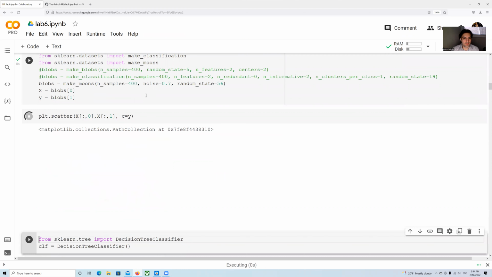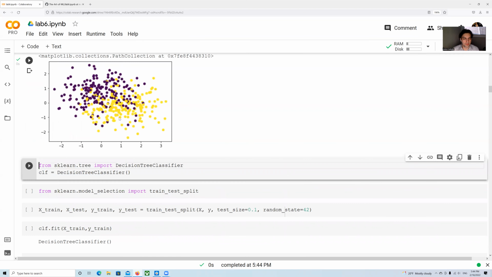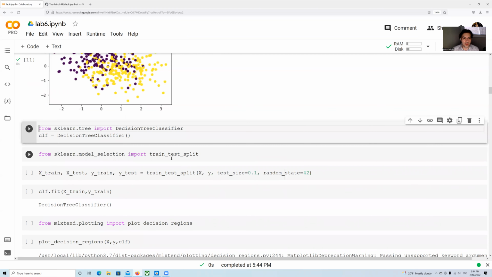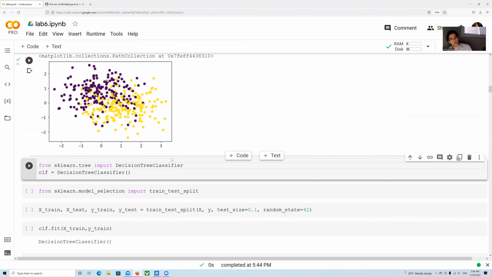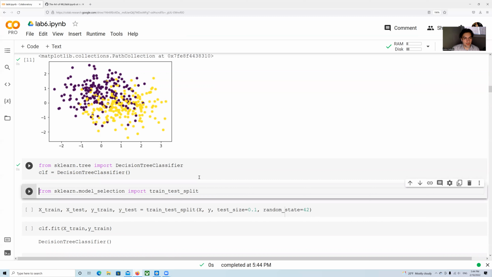I created these random data points, and let's try to train two different decision trees. To one decision tree, we will feed 90% of our data set, randomly selected. And to the second decision tree, we also will feed 90%, but of a different random selection from our data set.